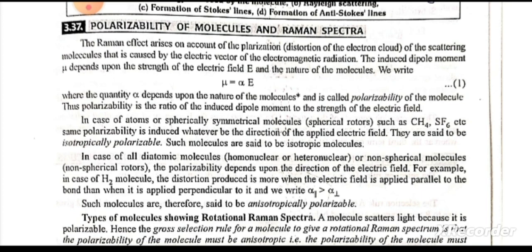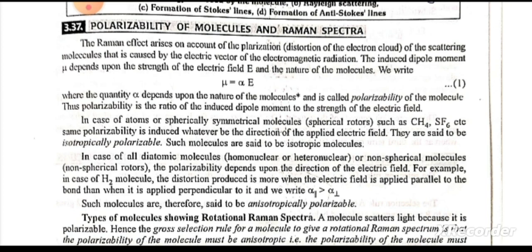In case of all diatomic molecules, homonuclear or heteronuclear, or non-spherical molecules, non-spherical rotors, the polarizability depends on the direction of the electric field. For example, in case of the H2 molecule, the distortion produced is more when the electric field is applied parallel to the bond than when it is applied perpendicular to it. We write alpha parallel is greater than alpha perpendicular.